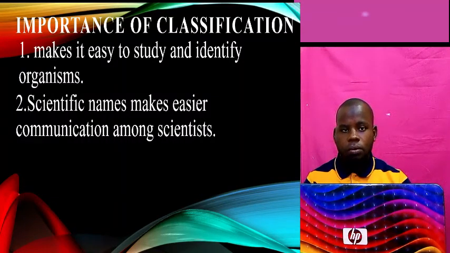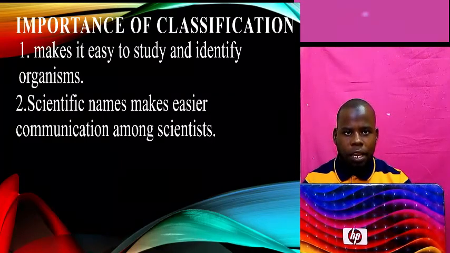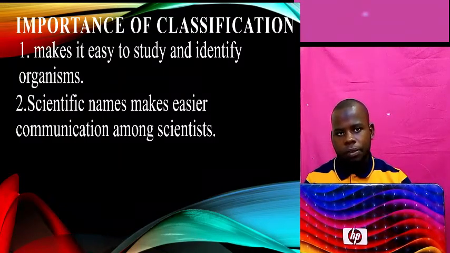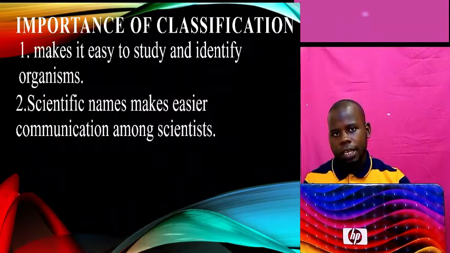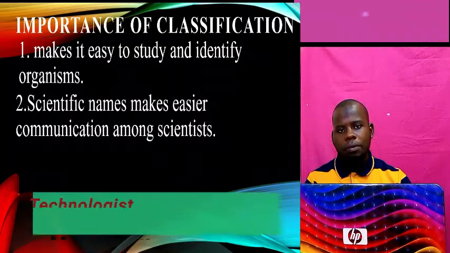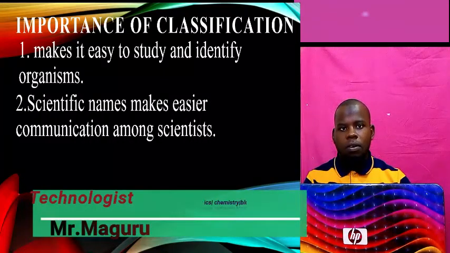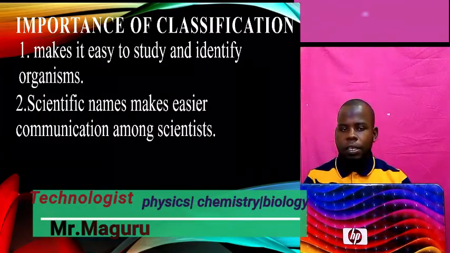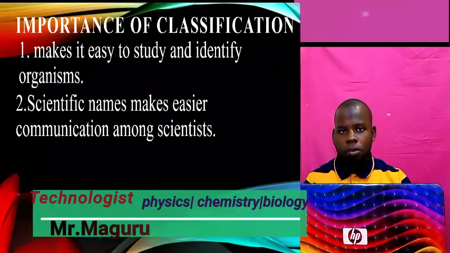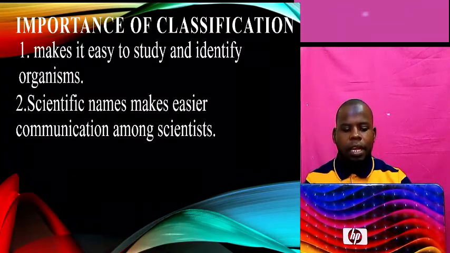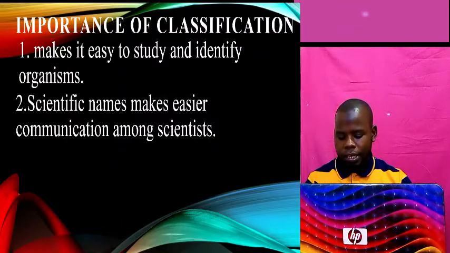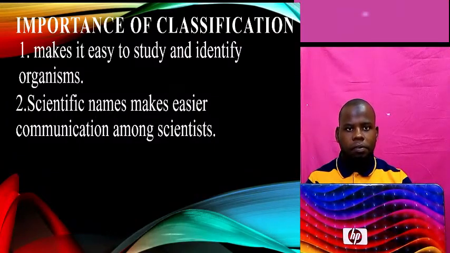So through classification we suggest specific names for certain organisms, which scientists can use to communicate. When we meet scientists from America or Nigeria, the scientific name Homo sapiens is known. So scientific names make communication easier among scientists. That is the importance of classification.